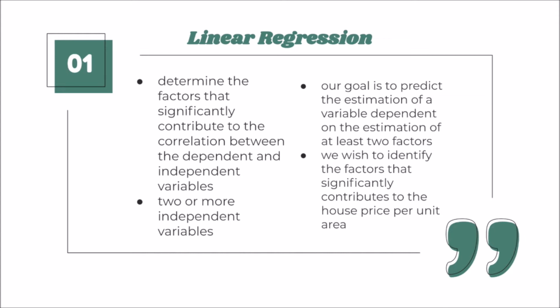The dependent variable is the house price per unit area, while there are multiple independent variables, specifically the number of convenience stores, location, longitude and latitude, distance to main transportation such as the MRT station, and the age of the house. Our goal is to identify the factors that significantly contribute to the house price per unit area, which we will find upon accomplishing this in Microsoft Excel.